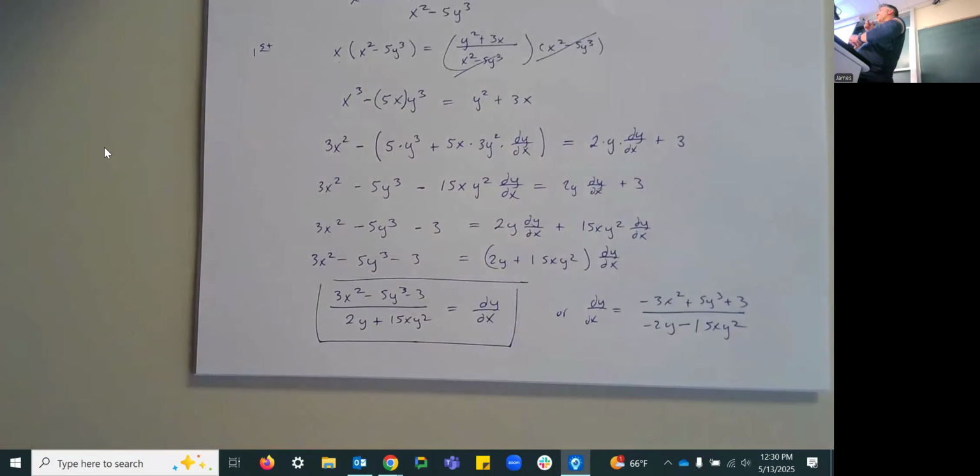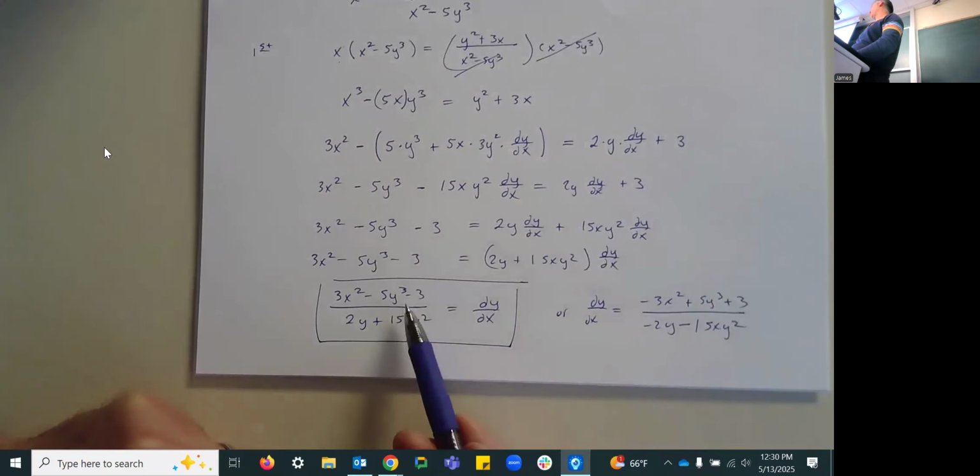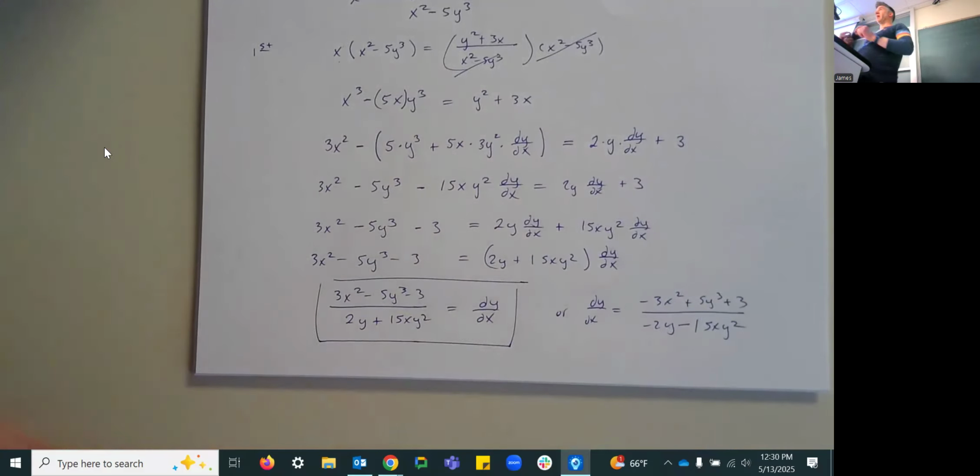Essentially, everything in the numerator and the denominator changes signs. But it's still the same answer, because you could factor out a -1 from the top and the bottom. Those would cancel, and then they would look exactly like that. Or you can multiply this by -1 over -1 and look exactly like that. And multiplying by -1 over -1 doesn't change your answer, because you're just multiplying by 1.